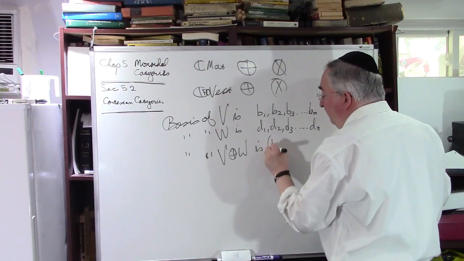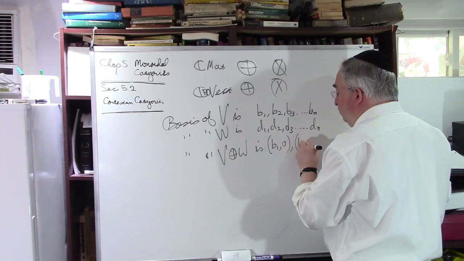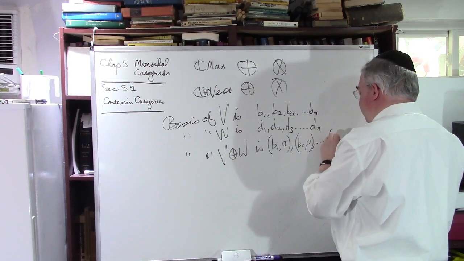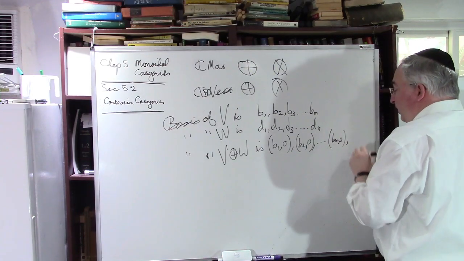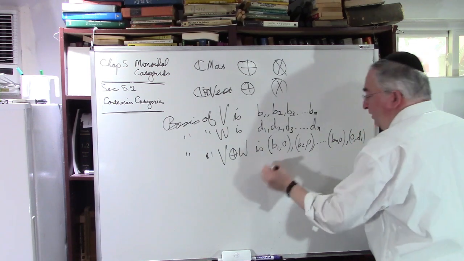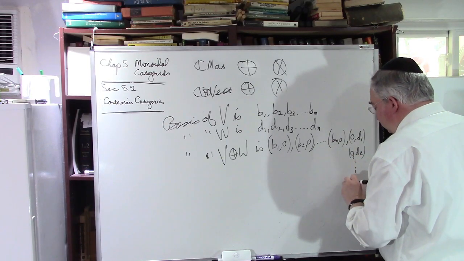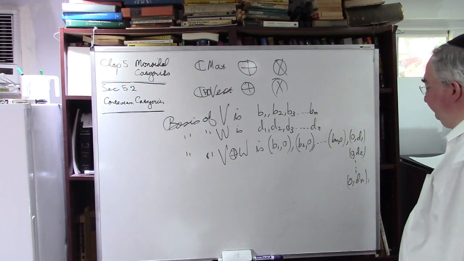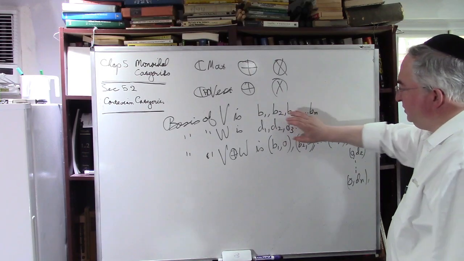So they're going to be (B1, 0), (B2, 0), up to (Bm, 0), and (0, D1), (0, D2), up to (0, Dn). Okay? So basically we add this basis plus this basis.